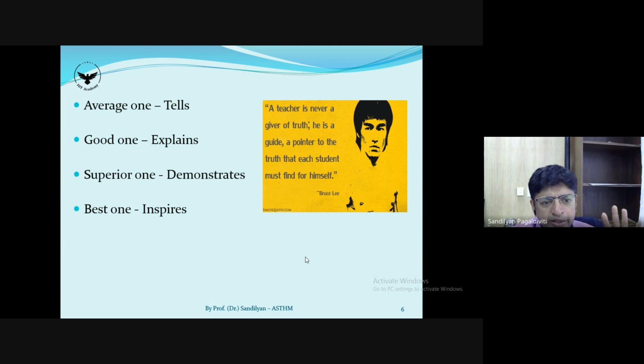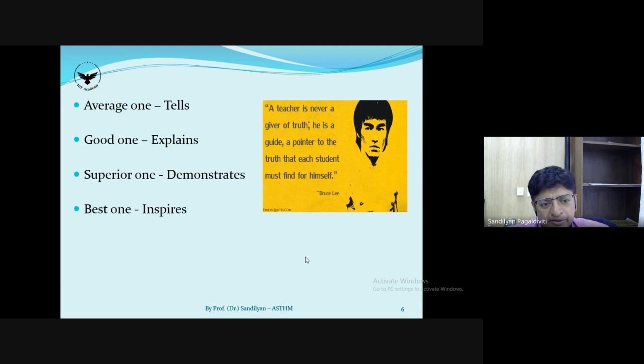So a teacher who tells what is already known in different points as a textbook is an average teacher. A good teacher can add value to the one who is telling by giving explanations and examples. You gave the example of Mr. Nageshwar. He would definitely be a good teacher.